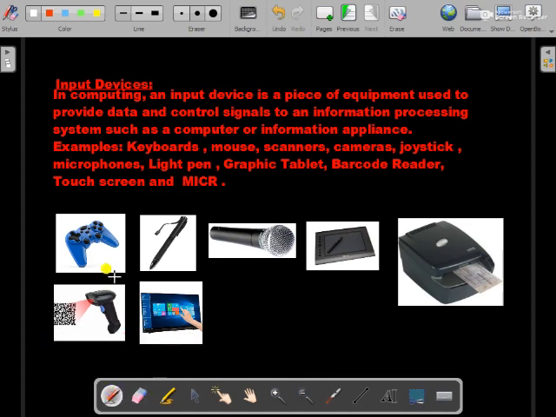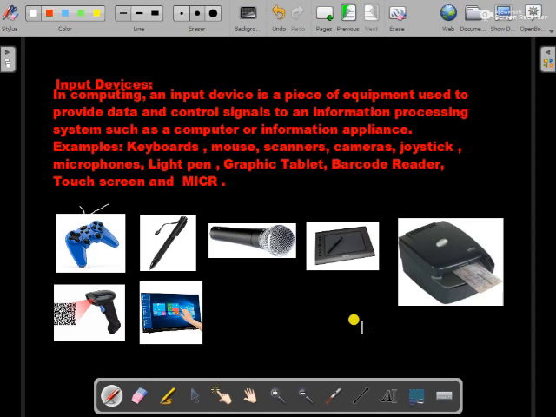Now first I am going to discuss about joystick. A joystick is an input device which is used to change the position of the cursor or any other object on the screen.